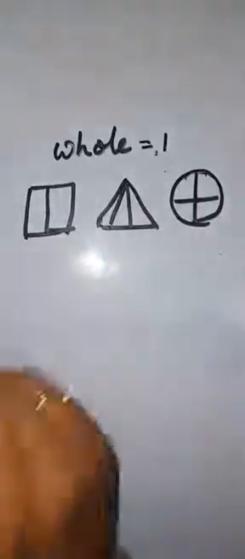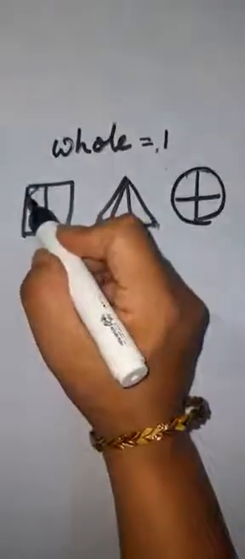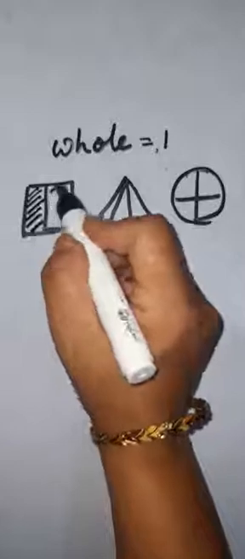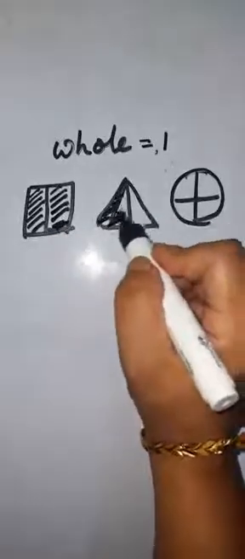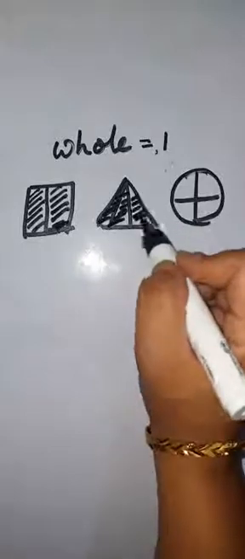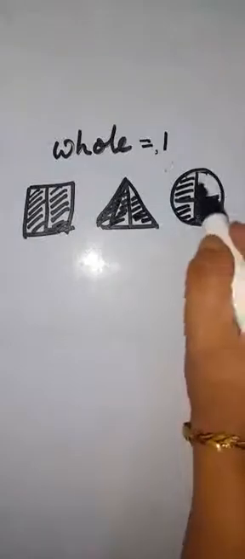Here we have 2 equal parts, and both the equal parts I am shading, right? And here all the 3 parts I am shading. Okay, here all the 4 parts I am shading.